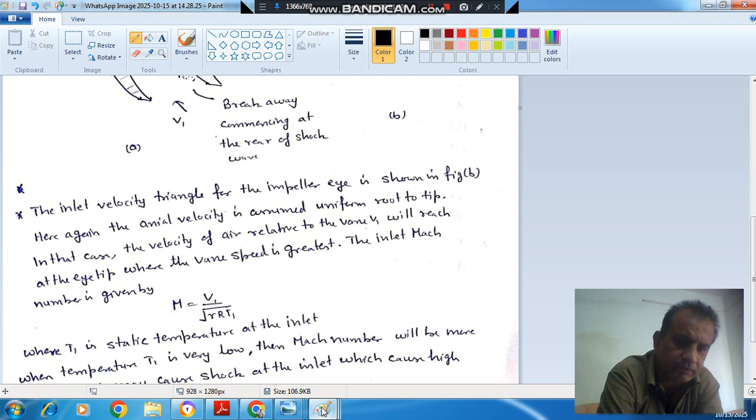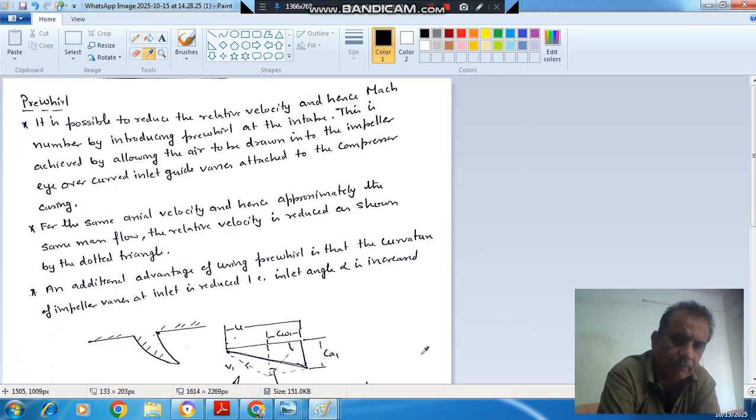Now to avoid this Mach number exceeding 1, we devise a phenomenon called Prewhirl. Suppose this is the diagram without any Prewhirl. The firm line shows the diagram without any Prewhirl. This is your U, this is your CA1, and this is your V1.